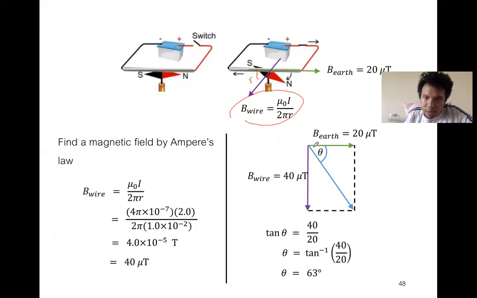Then we combine the magnetic field from the wire with the magnetic field from the Earth. Considering the vector addition and the right triangle, we can calculate the twisting angle that the magnetic field from the wire is making.